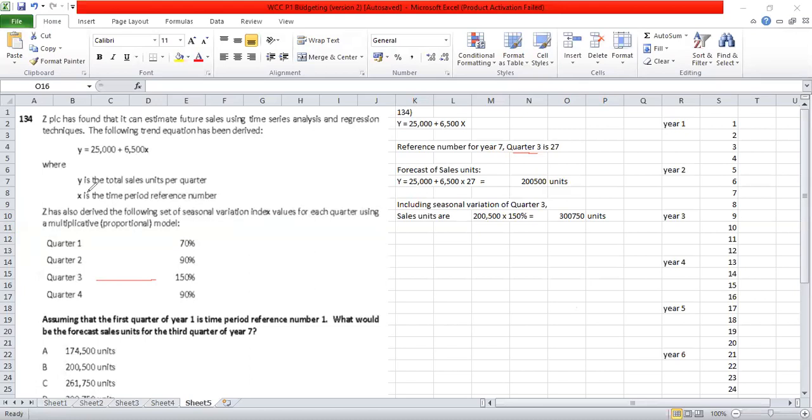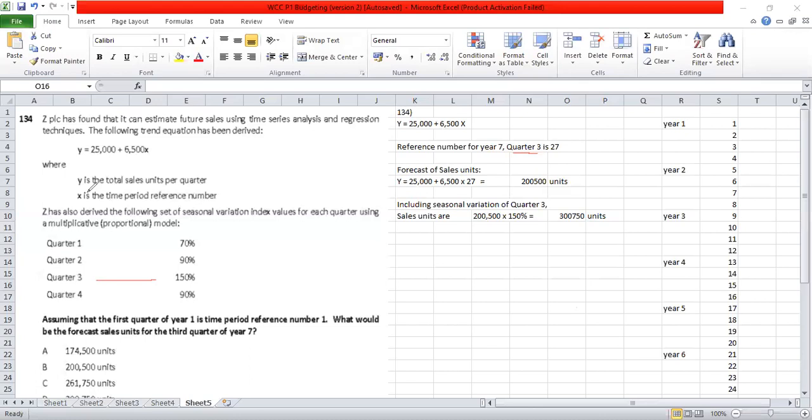Regression equation y is equal to a plus bx. So that is taken to estimate the forecast of the sales units. Sales units are given as the trend is established by an equation as 25,000 plus 6,500x, where y is the sales units, x is the time period, time series analysis. But then time period cannot be substituted into that.